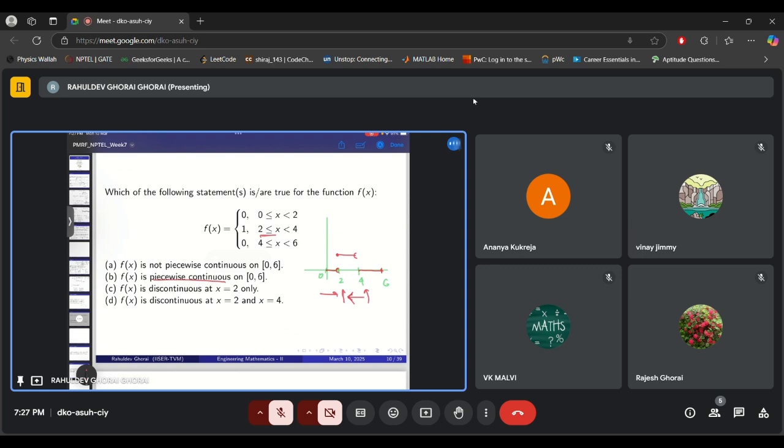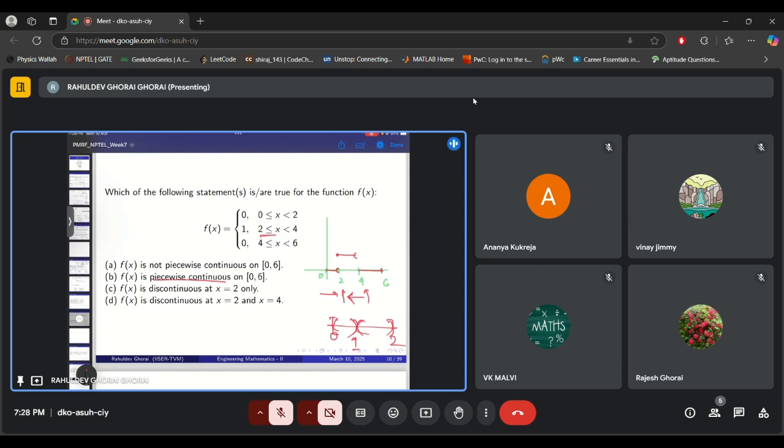When we talk about piecewise continuity, we will say, let's say on 0 to 1, whether it is continuous or not. We don't worry about the other points.